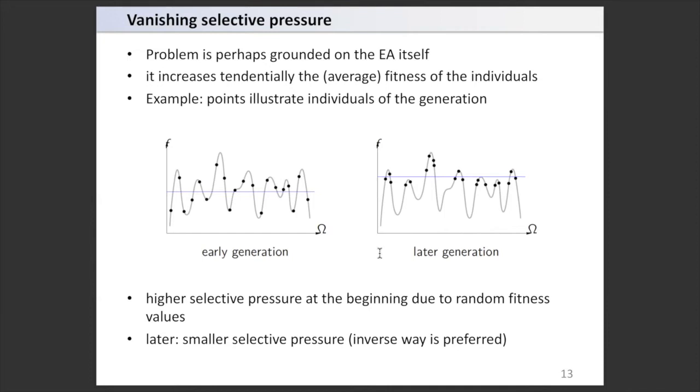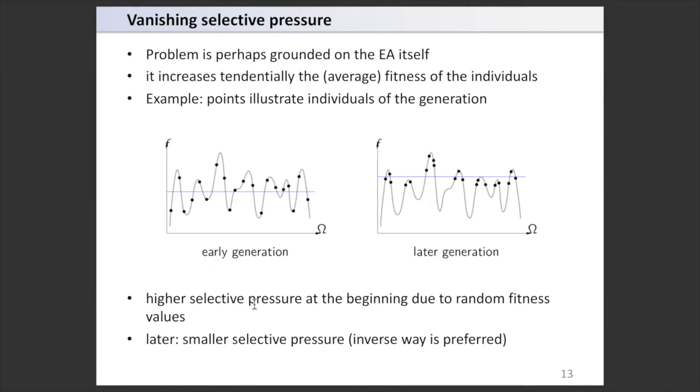Then, in the later generations, due to the proportionate selection, we will have more individuals around the local maxima of the fitness function.